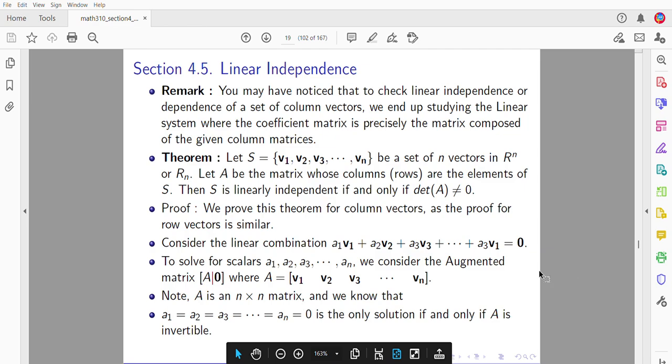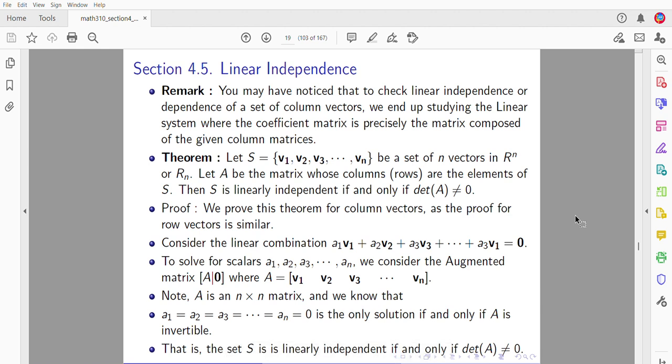Its determinant has to be non-zero. So it's all an if and only if statement. So that is straightforward. Your vectors are linearly independent if and only if the matrix formed by these vectors is invertible, which in turn means the matrix has non-zero determinant.